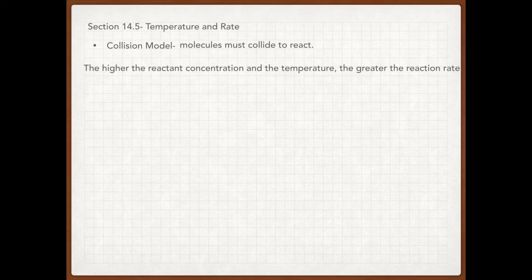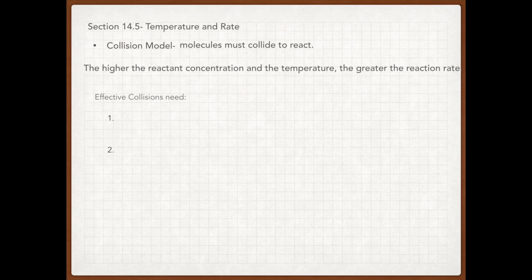And this is because if you have a higher concentration of reactants, that means that they're going to collide more frequently. And if you have a higher temperature, that means that the reactants are going to collide with a greater amount of force, ensuring that the rate at which the reaction occurs will be greatest, because you want the most frequent collisions as possible, and you want also the collisions with the greatest amount of energy. That will ensure that a reaction will actually occur.